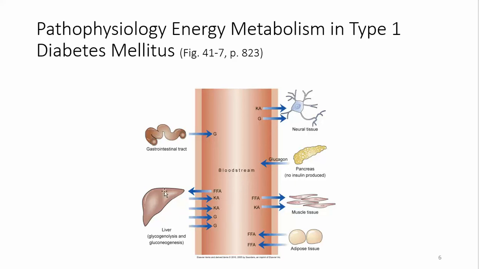Free fatty acids go into the liver where they come out as keto acids, as ketones, and more glucose. They're converted via gluconeogenesis. And so what we end up with is an input of glucose here and very little glucose coming out. So the level of glucose increases in the blood.